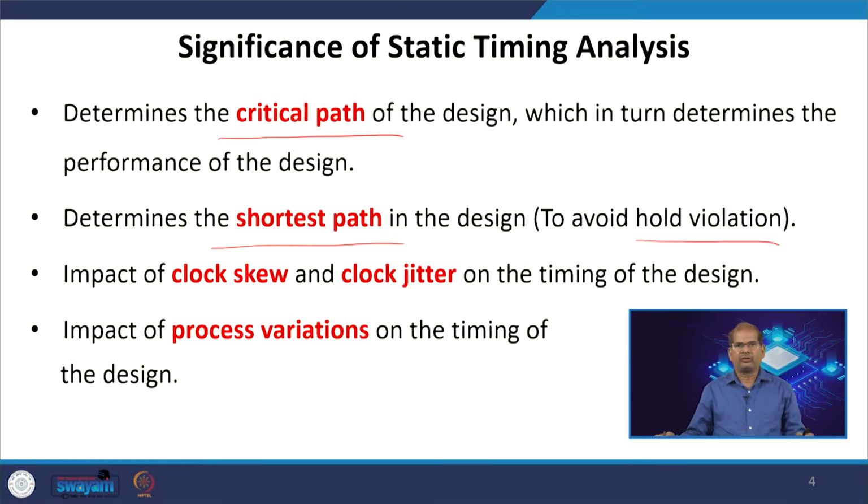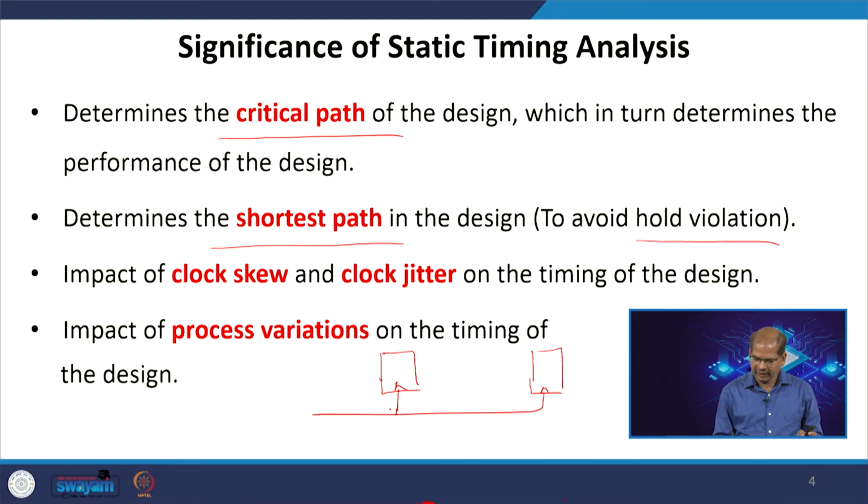Ideally the clock reaches each of the flip flops at time t equals 0, but in general whenever you route the clock, there is some kind of delay between them. That results in a clock skew. Let us say I have a flip flop here, I have another flip flop here, both are connected by an edge.